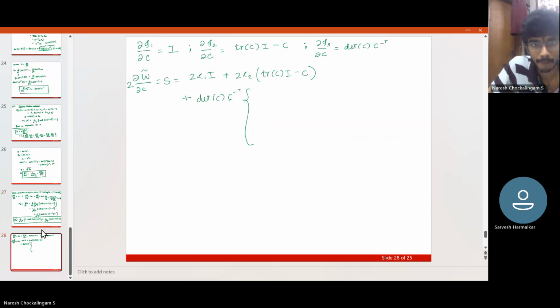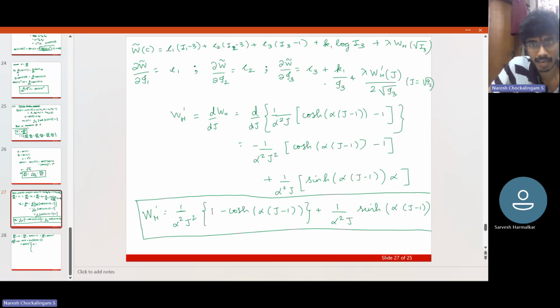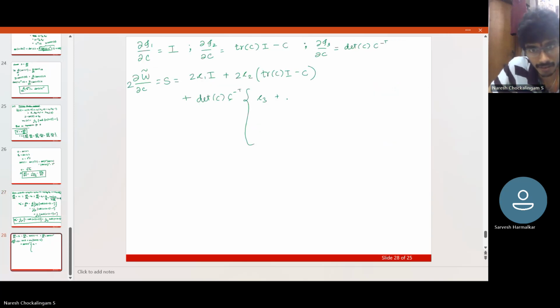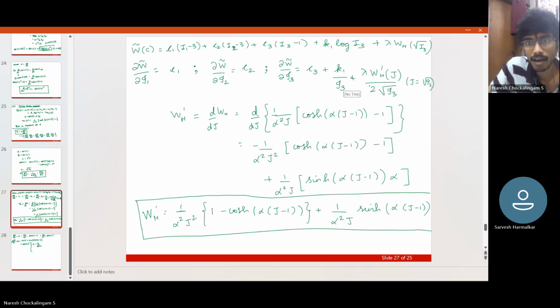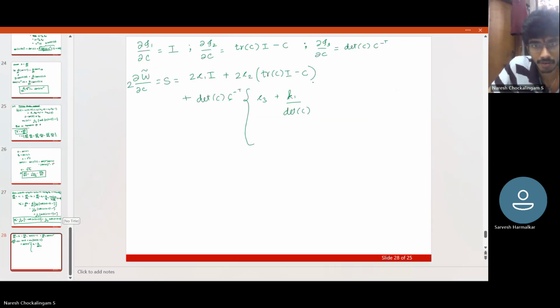C3 plus K1 by I3. K1 by I3 is determinant of C. Then plus lambda by 2 times square root of I3, which is J.